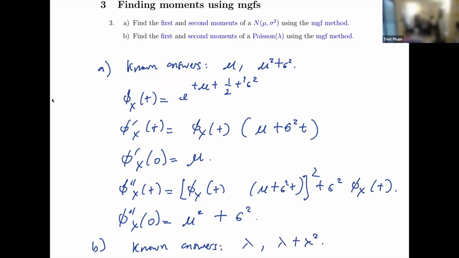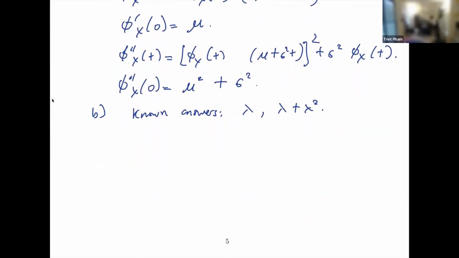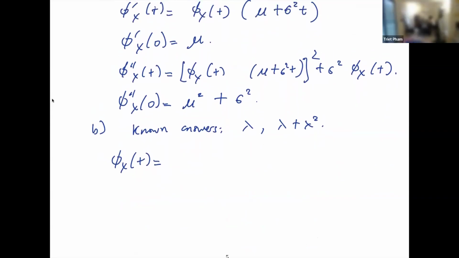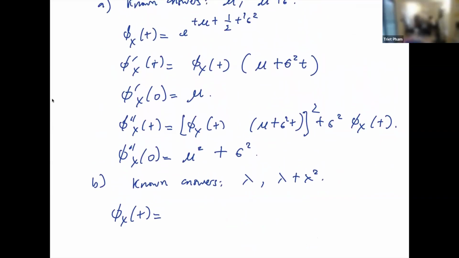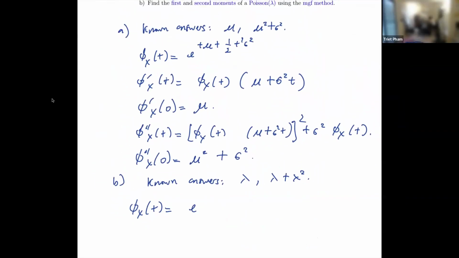Okay. So let's verify this. What's the moment generating function of the Poisson? Well, the moment generating function of the Poisson is e to the lambda times e to the t minus 1.